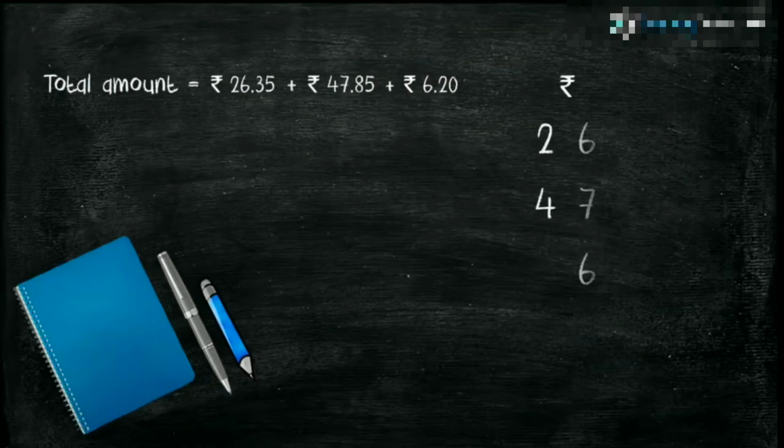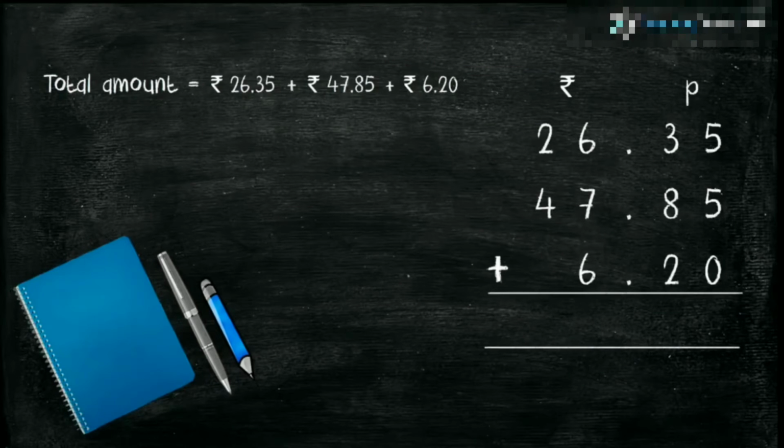So now let's add them. Write paise under paise column and rupees under rupee column such that decimal point should be below each other. So let's add 5 plus 5 plus 0 equals 10. Carry 1. 1 carry plus 3 plus 8 plus 2 equals 14. Carry 1. Now, before adding rupee column, put the decimal in the answer.